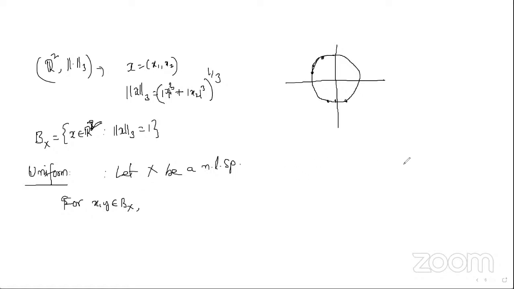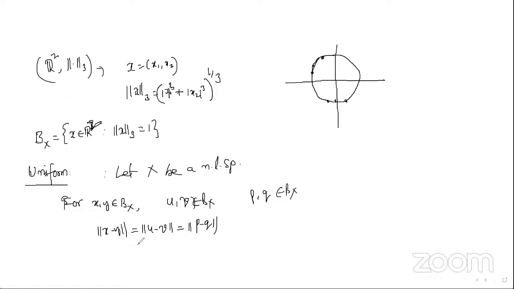So roughly, if I take x, y as well as u, v and some p, q in Bx with the property that the norm of x minus y is the same as the distance between u minus v, which is the same as the distance between p minus q.